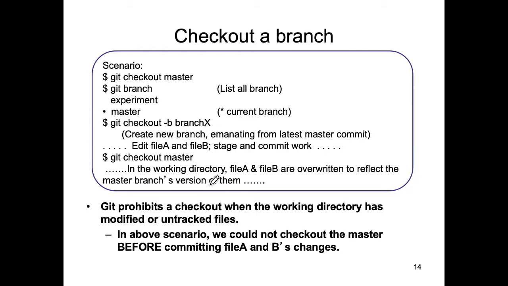You can also do something called stashing, which I won't cover, but you can read up on it yourself if you want to. Typically, what you would do when you try a checkout and it stops you because you've got some modified files in your working directory is commit those changes to whatever branch you're currently on, and then switch over to the new branch that you want, in this case, master.